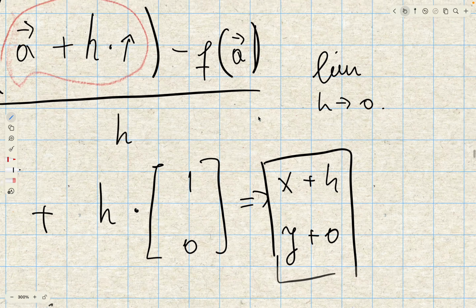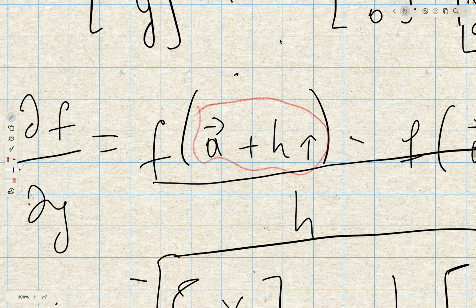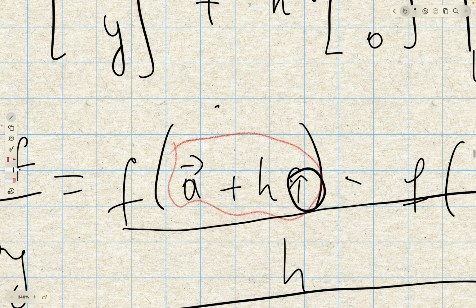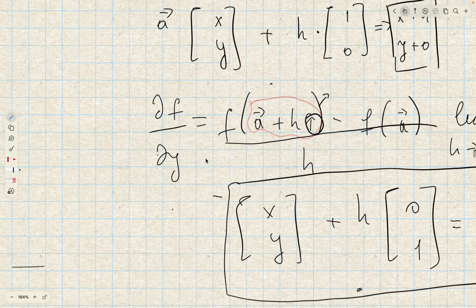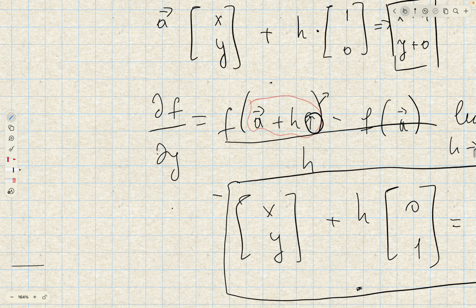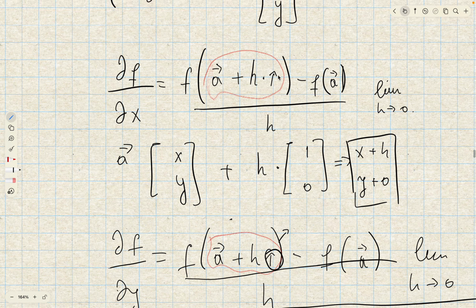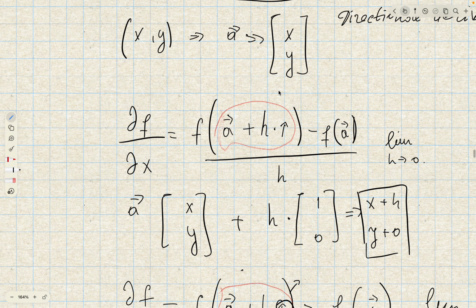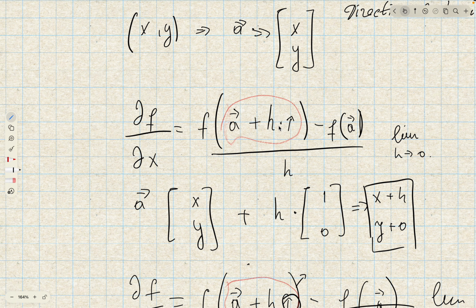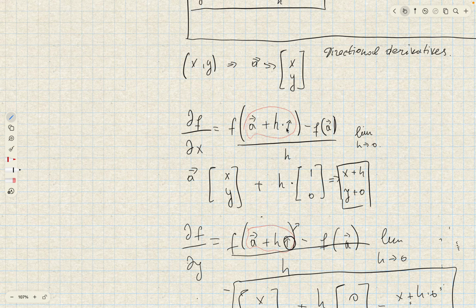Then in that case, the direction that we are moving will be this vector. So in this case, this vector is parallel to y, and we are moving purely in the y direction. And here, the vector is parallel to x, and we are only moving in the x direction. So it simply means we are moving in the direction of a vector that is parallel to x.